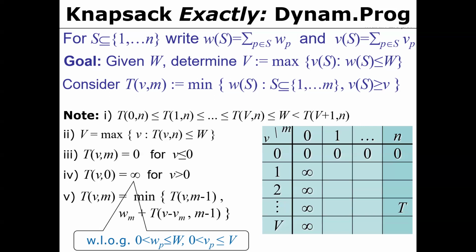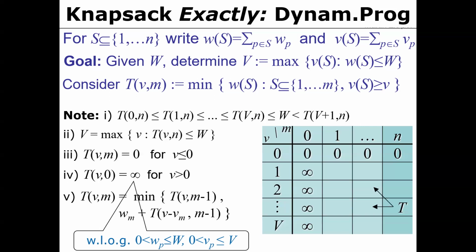So what is the overall running time of this algorithm? It's the size of the table, right? Outer loop from 0 to n, and inner loop from 0 to the unknown V. And that's the thing, right?